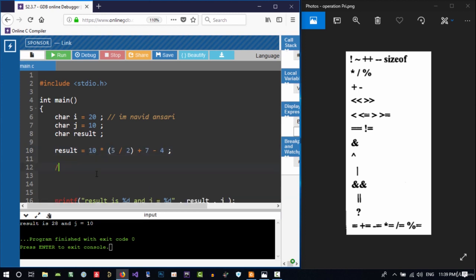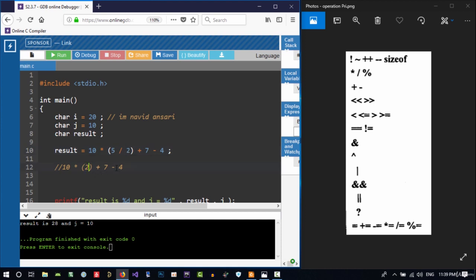Copy it and paste it here. First this would happen. It is 2.5 because this 2 is an integer, so it will remove this. The MCU will remove this because this 2 is an integer. We talked about it before.